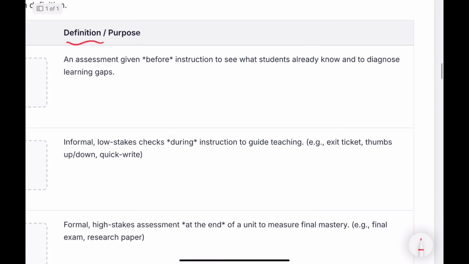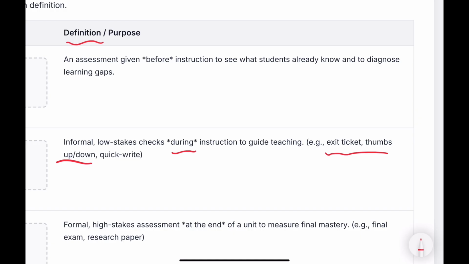Next up, informal low stakes checks during instruction to guide. So the examples that we often use in the classroom include exit tickets, and we might ask a question verbally to the students. We might be sitting on the chair in front of the whiteboard, the students are sitting on the rugs or at their desk, and we can ask for a thumbs up or thumbs down.